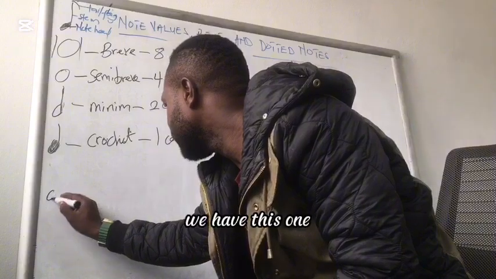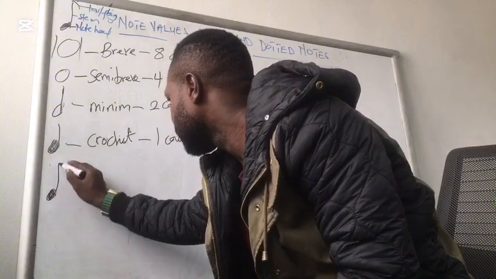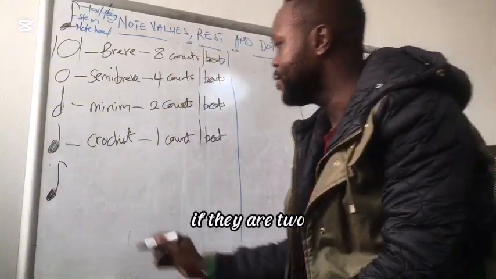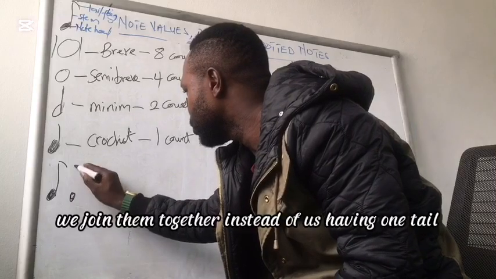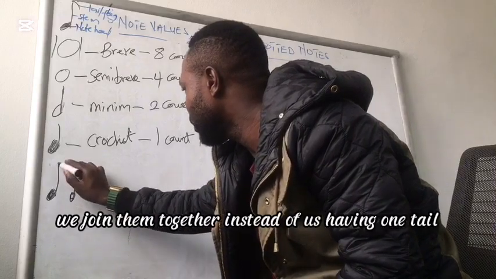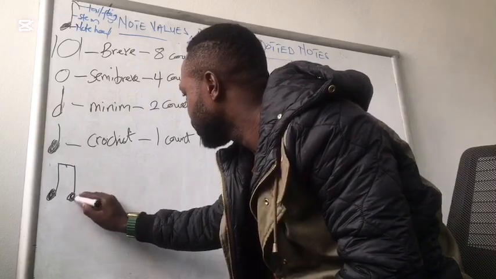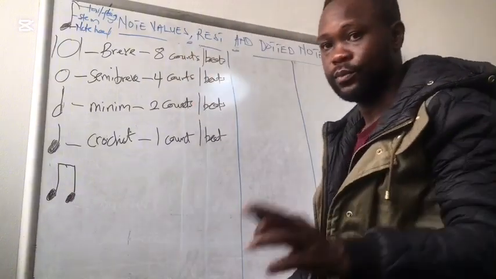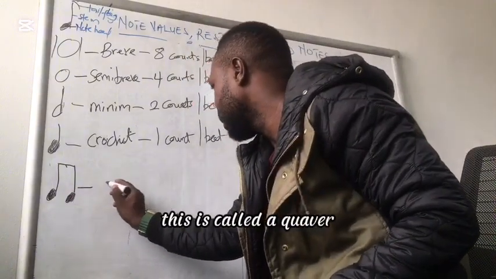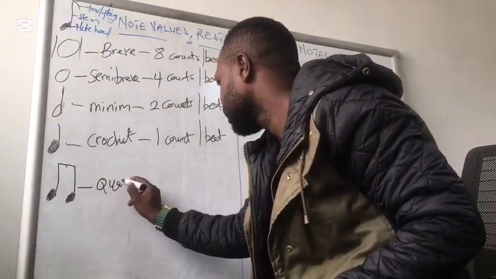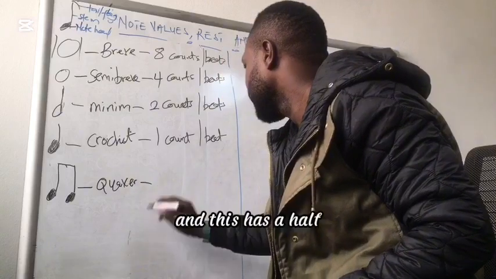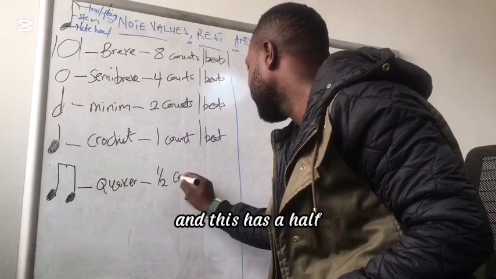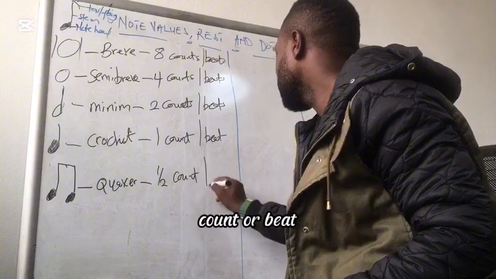We have this one. If there are two, we join them together. Instead of having one tail, we'll do this. If there are two or more, this is called a quaver. And this has a half count or beat.